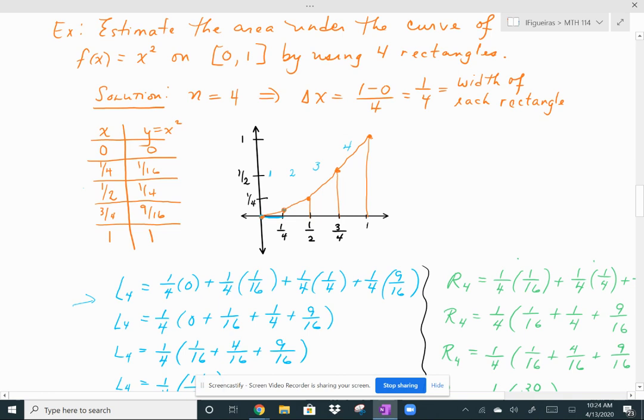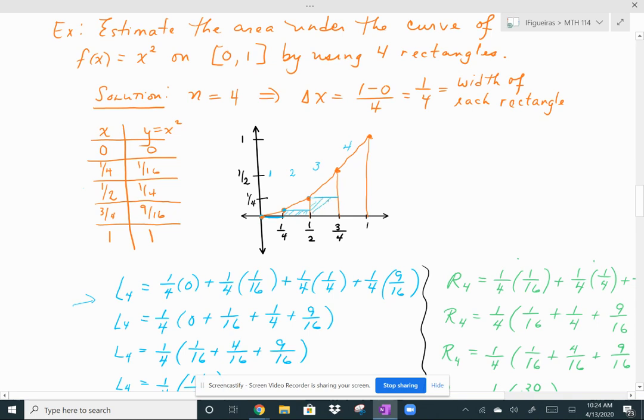In the second one, the left-hand endpoint of the second rectangle is here in blue. If I extend across, well, that means that that's my area for the second rectangle. Again, looks like an underestimate. Now I go to the third one, pick the left-hand endpoint, extend that across.